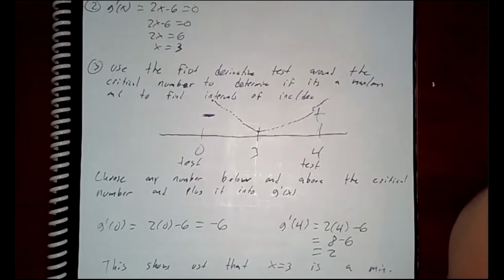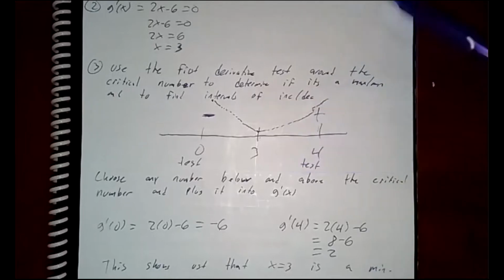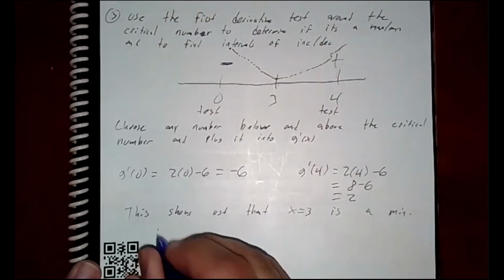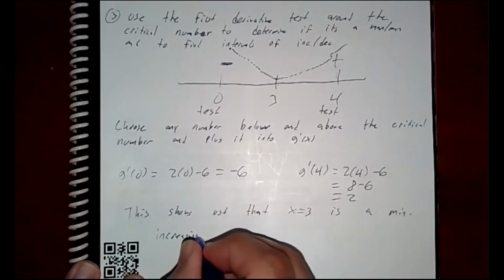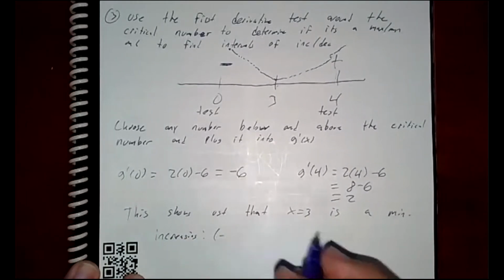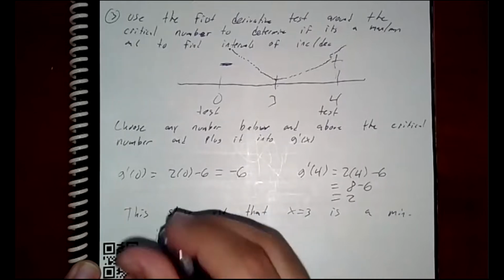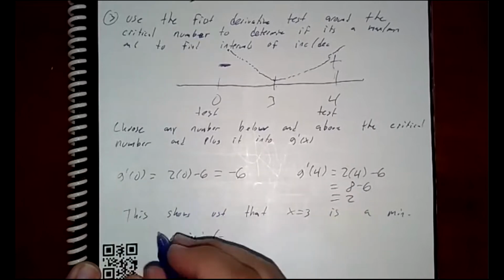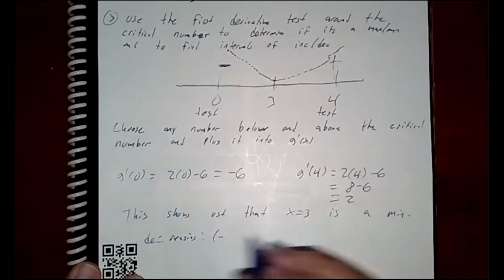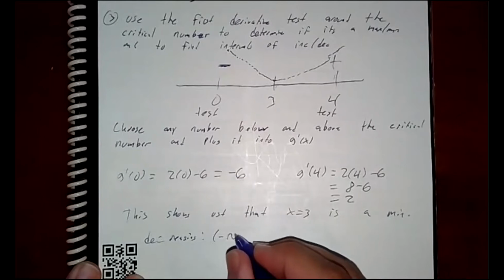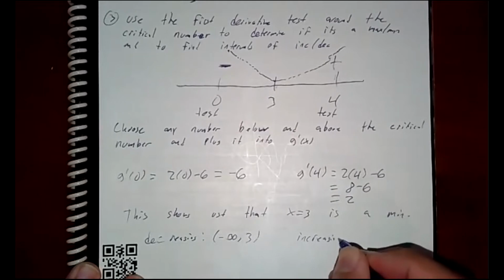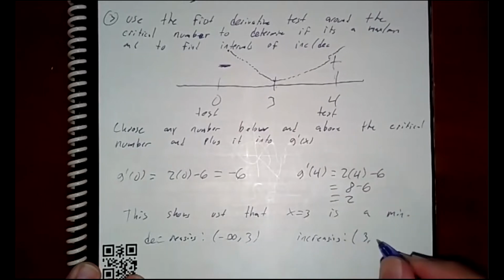Even though the question only asked for increasing and decreasing, we found out a bunch of information based off the first derivative. Let's put decreasing first. Decreasing from negative infinity all the way until 3. Increasing from 3 to infinity.